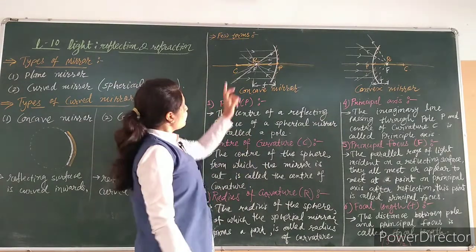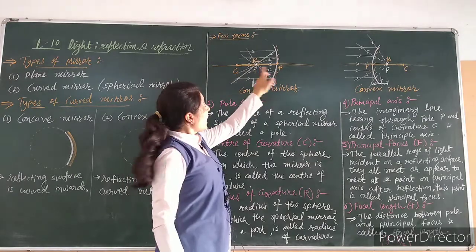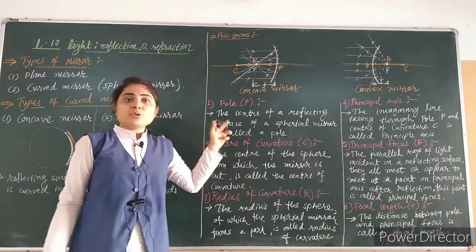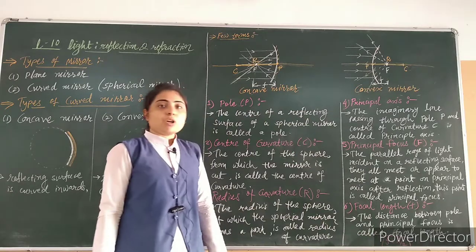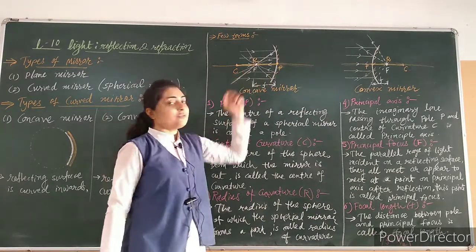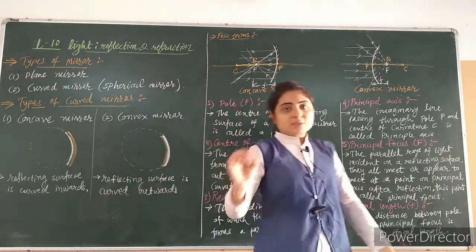You can see here, CP is the radius of curvature and FP is the focal length. The relation between this radius of curvature and focal length is given like this: f is equal to R by 2. That means focal length is half of the radius of curvature. Right? Okay, so this is proved.